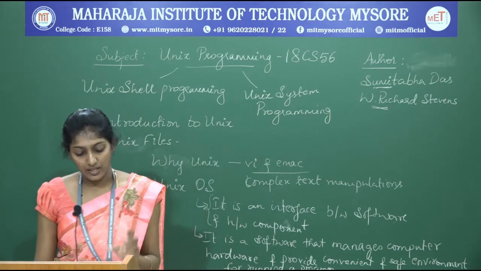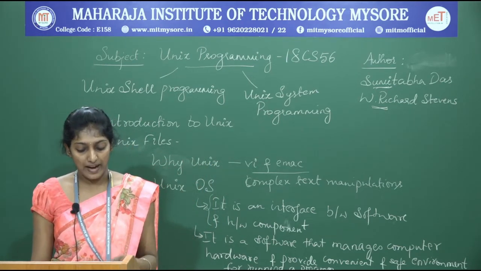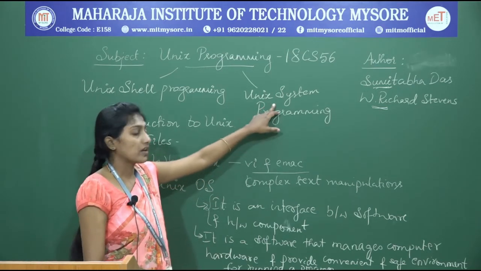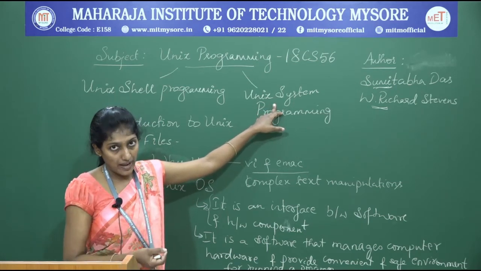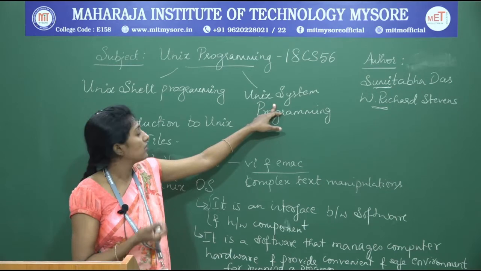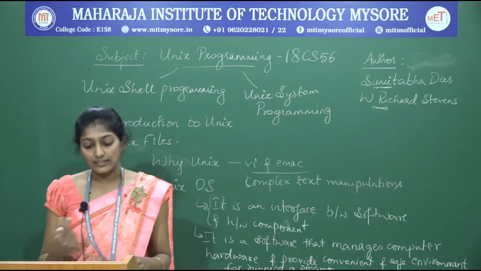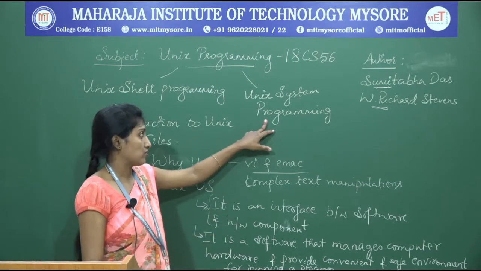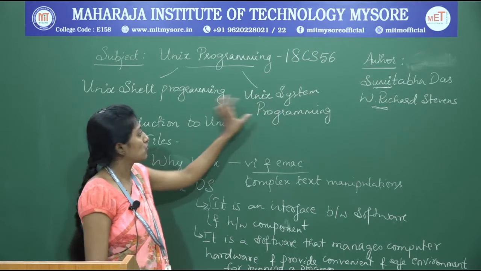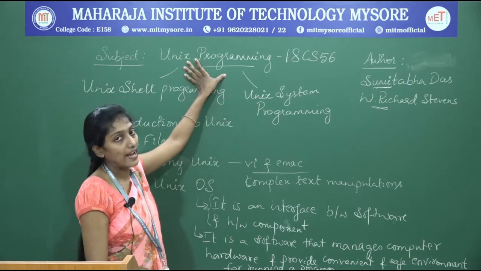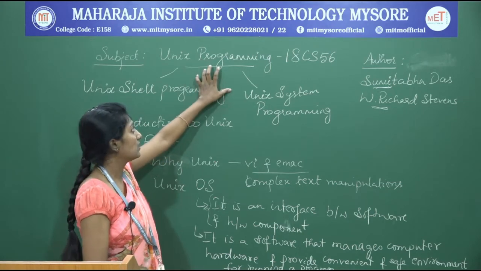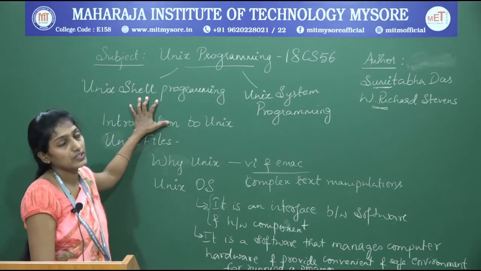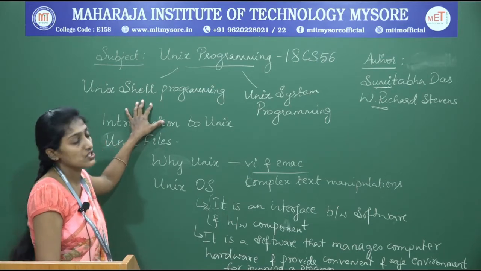System programming aims to produce software and software platforms which provide services to other software, and also improve computational performance. These two concepts will be discussed in later sessions of the Unix programming subject. First, let us discuss shell programming.